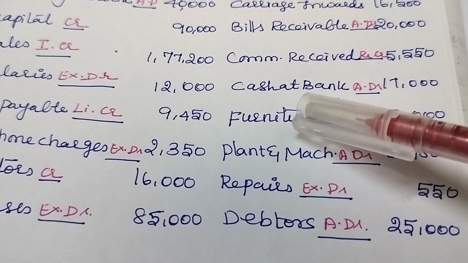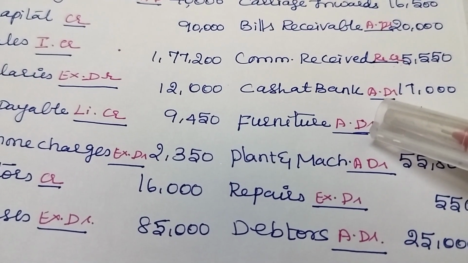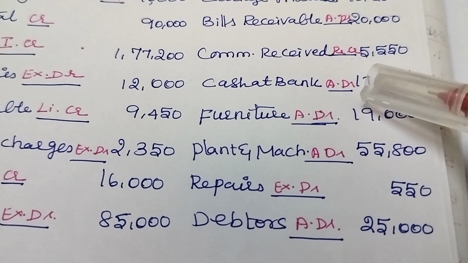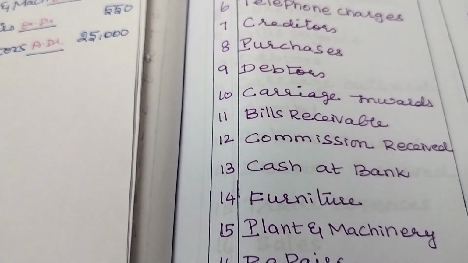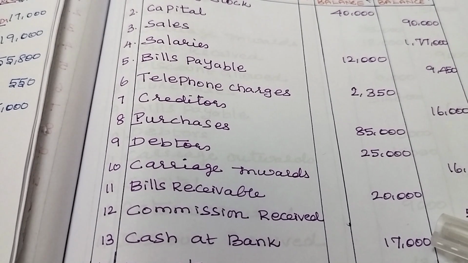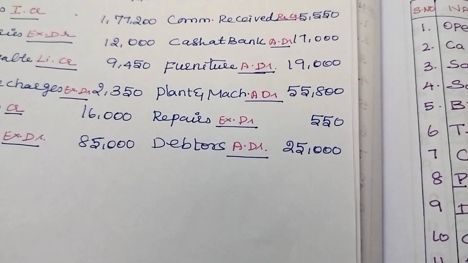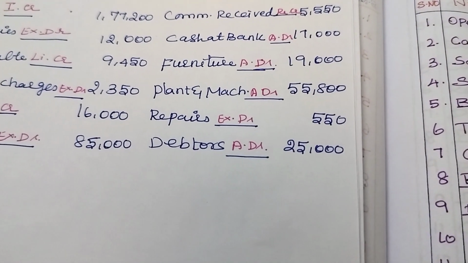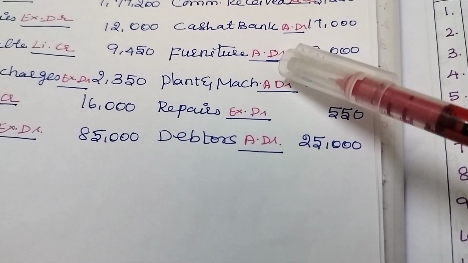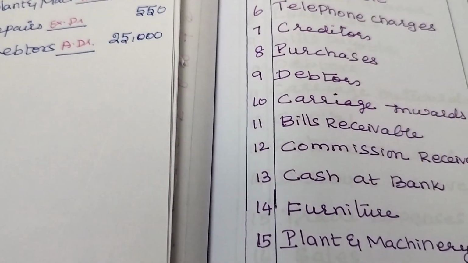Then cash at bank rupees 17,000. Cash in hand and cash at bank both come under asset account. Whenever asset account increases, we debit the asset account. So cash at bank rupees 70,000 is entered on debit balance. Then furniture rupees 19,000. Furniture is an asset account. Whenever asset account increases, we debit the asset account.